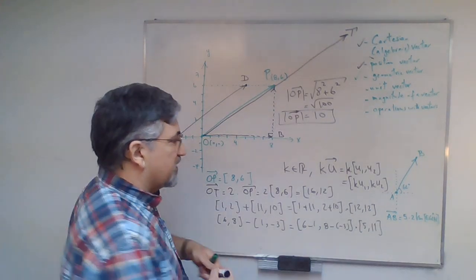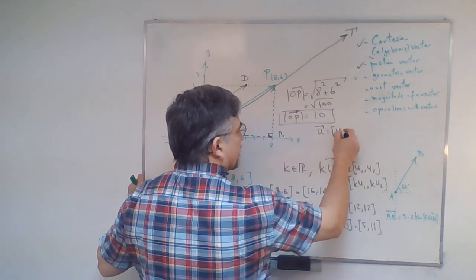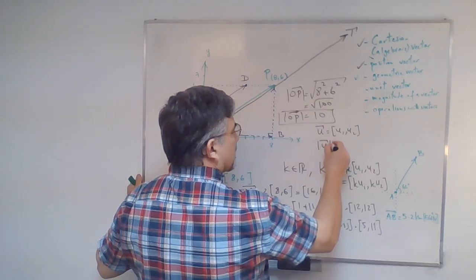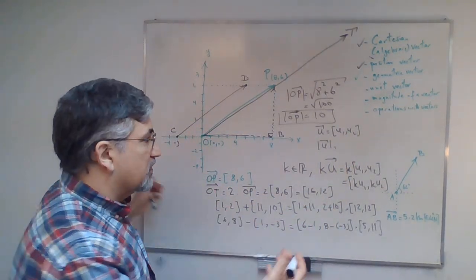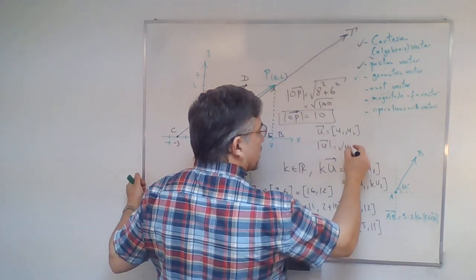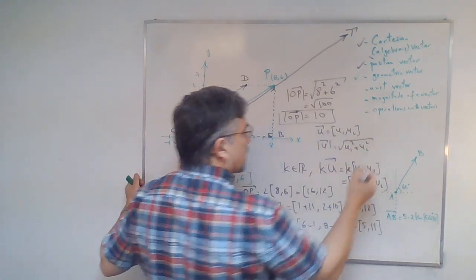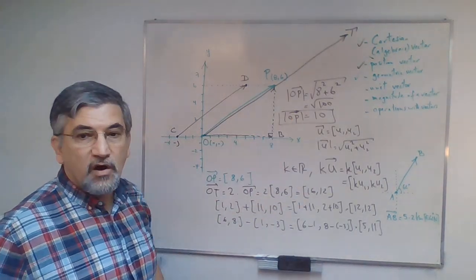Now, if we have a vector in general, like vector u, with coordinates of u1 and u2, then the magnitude of that vector in general will be found with the square root of u1 squared plus u2 squared. And that is very obvious.